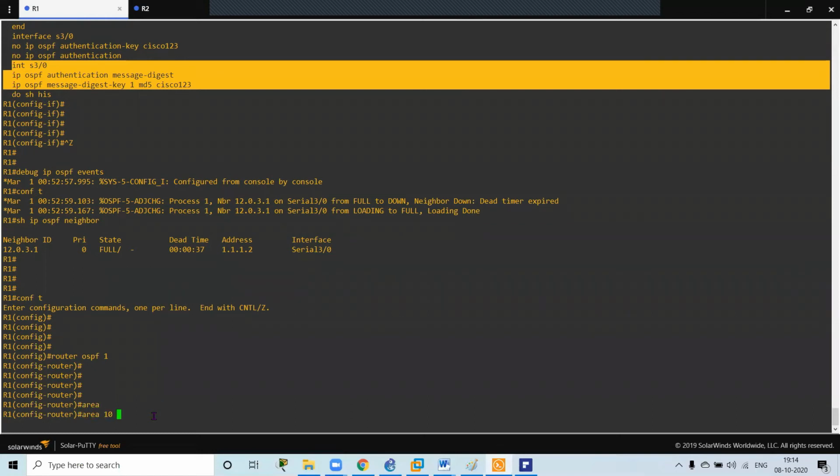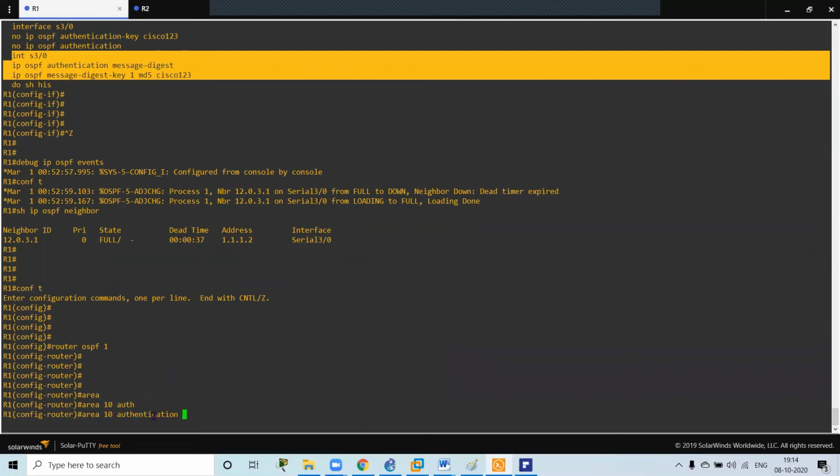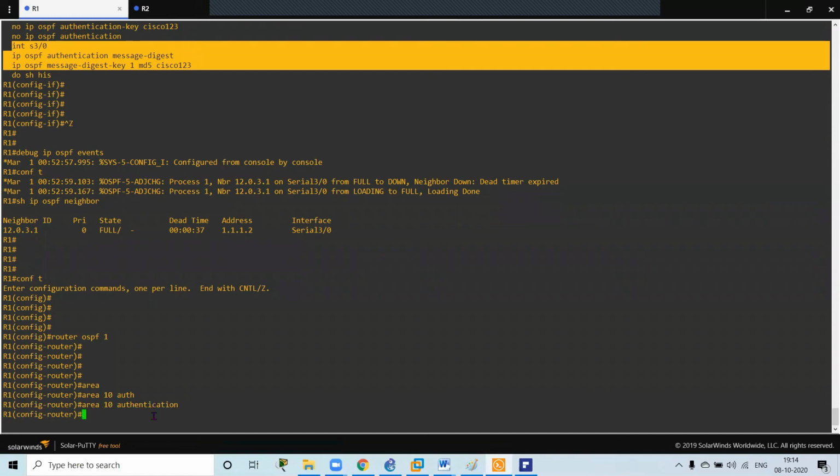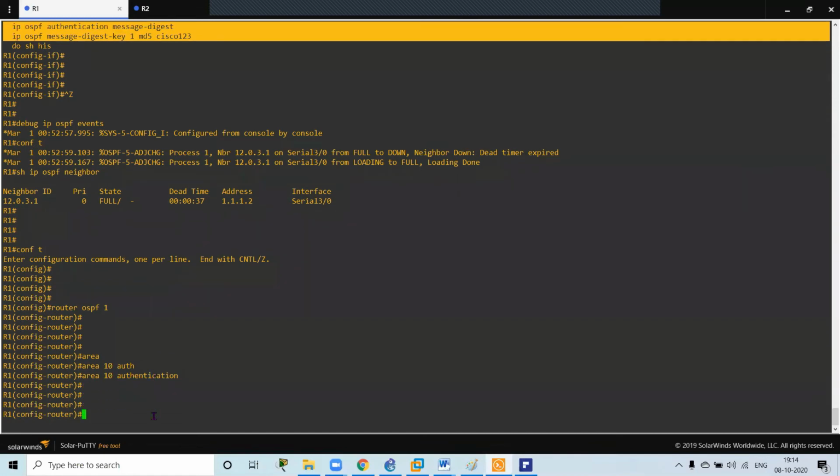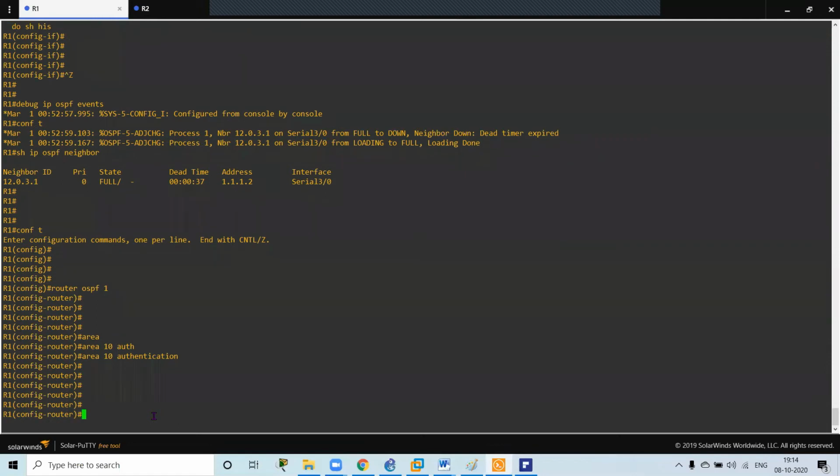They are in area 10, so area 10 authentication.